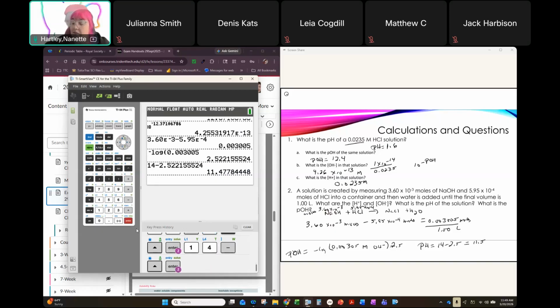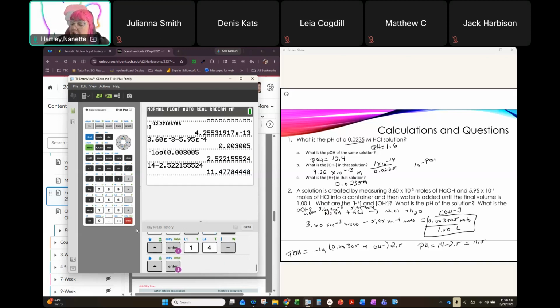Right, so that's 2 of those. I already know what the concentration of the OH minus is. I had already solved for that right here. So this right here is the OH minus concentration.